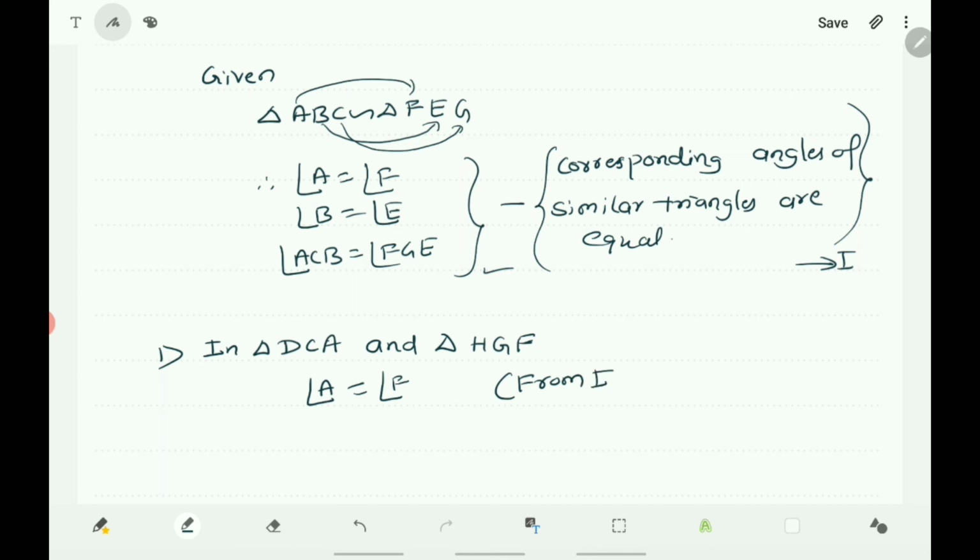If you consider this one as first, or otherwise you can give the reason: corresponding angles of similar triangles are equal. You can write the reason with explanation, or you can write the reason by considering this first. So you write from first.